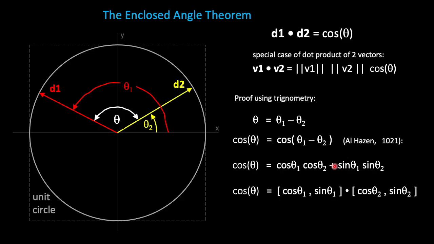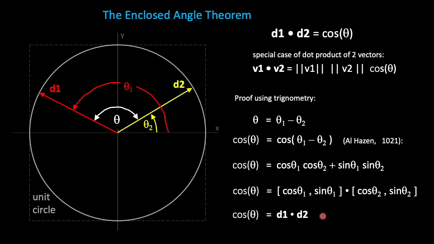Well, just going backwards, then the thing we're starting with to arrive at this must be these two vectors and their dot product. And then we can just simply recognize the first of these is d1, so it's cosine and sine. d2, cosine of that angle and sine of that angle.